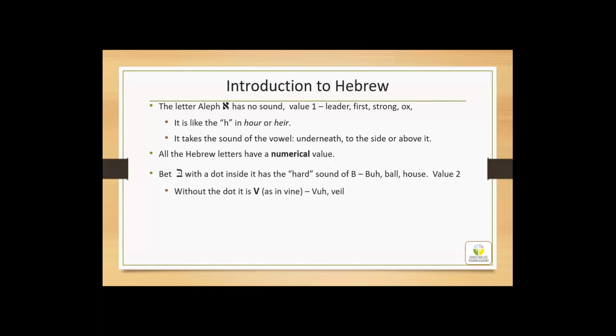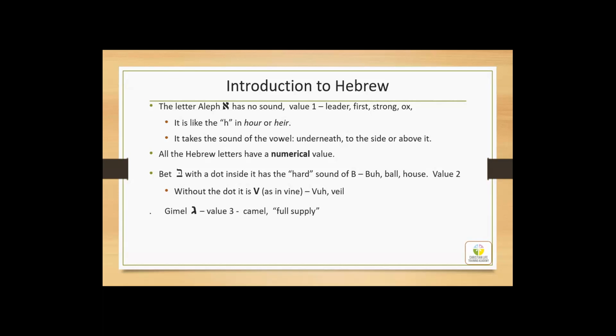Okay? Without the dot, the bet is a v, as in vine, or as in veil. We'll find the words later.